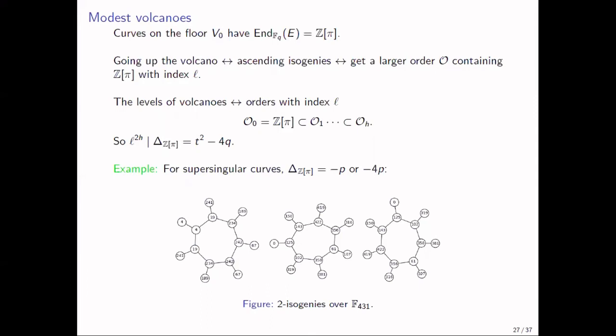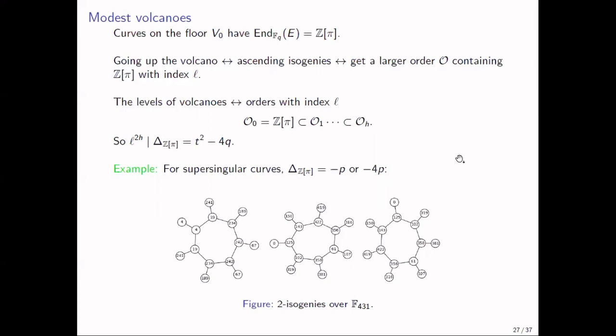What I want to say about this is that these volcanoes are beautiful. They have this very rich structure, and the way the elliptic curves are layered in the volcano really depends on the endomorphism ring. So on the floor, you have the elliptic curves with the smallest endomorphism ring, which is Z[pi]. And then from the floor, you can only go up. So you take ascending isogenies and you get larger and larger orders.